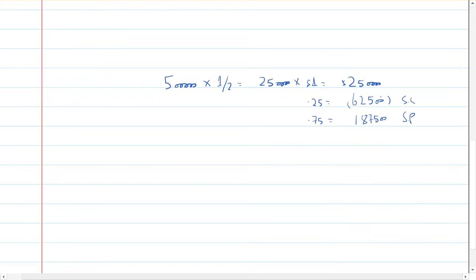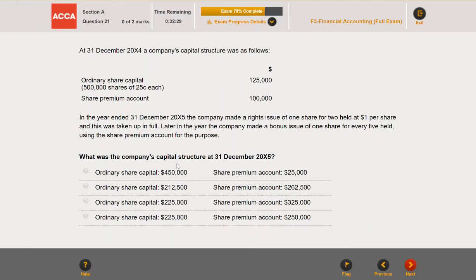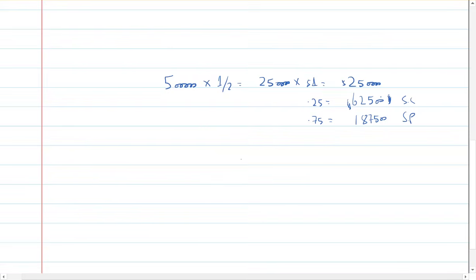Next, what happens? Remember, we don't need to do double entry. Yeah, this is not a minus figure, it's a plus figure. Next, later in the year, company made a bonus issue of 1 for every 5 held using the share premium account. So we took the amount from share premium account. So we had 500,000 shares plus 250,000, so total becomes 750,000.